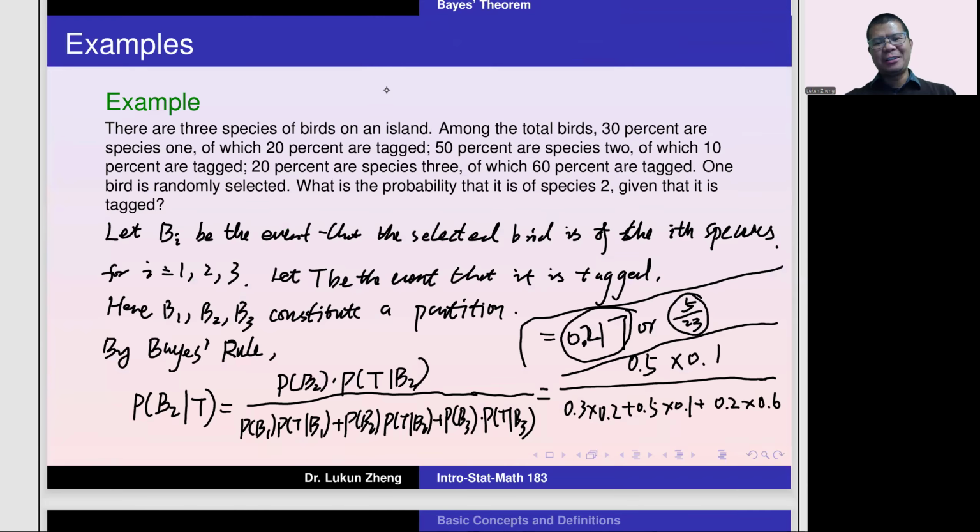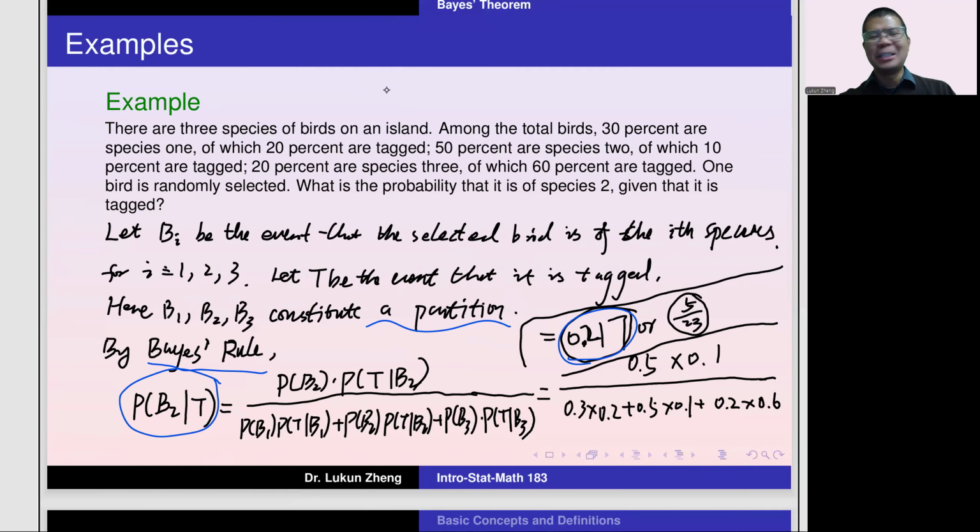Okay, here is our favorite example, birds. B1, B2, B3 is a partition. Therefore, based on Bayes' rule, the probability of B2 given tagged, using the formula, is 0.217, which is 5 over 23.